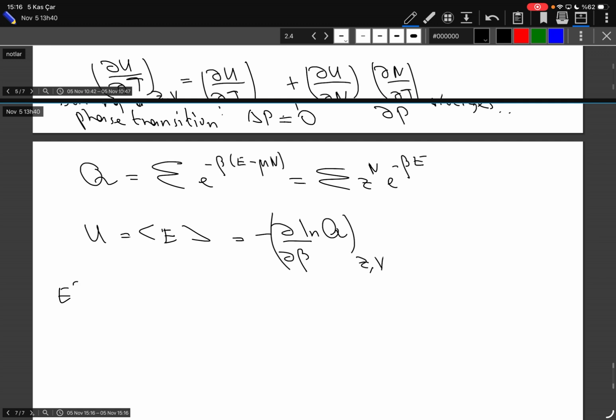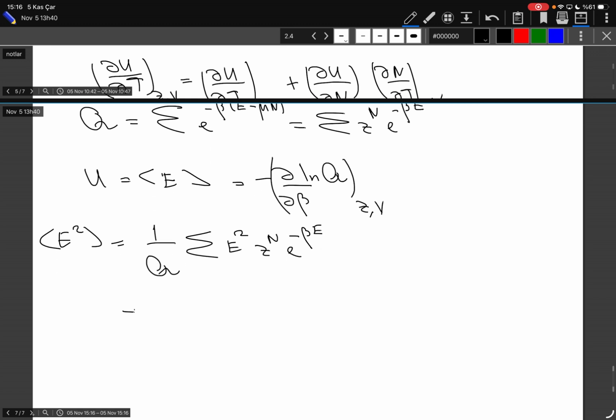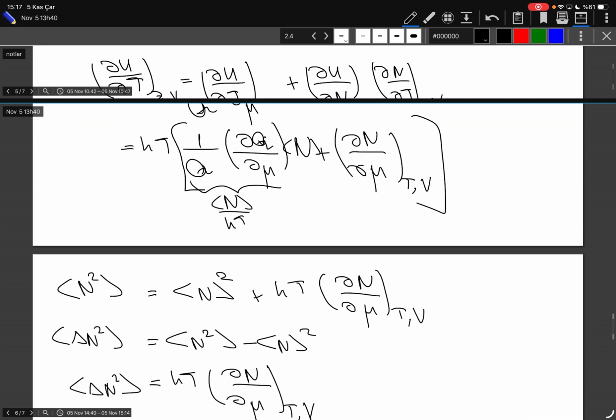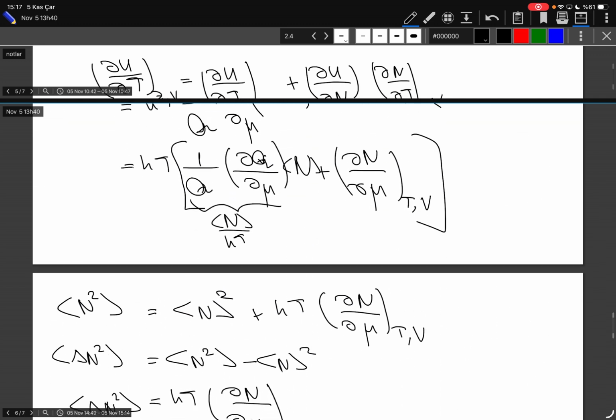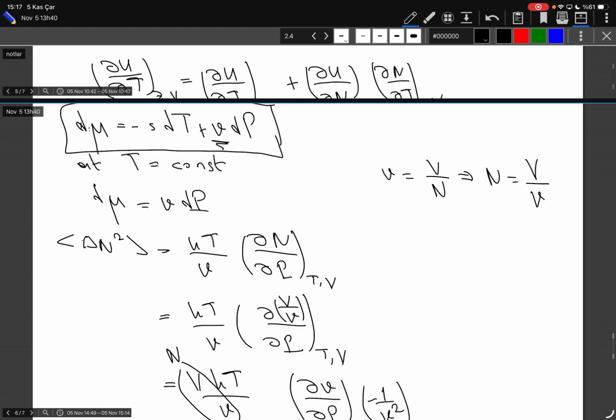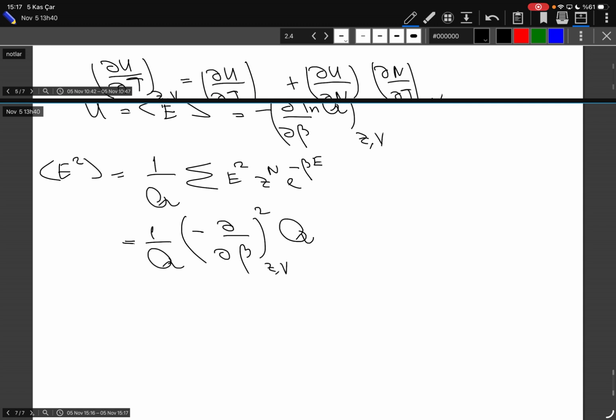E squared average will be 1 over Q, the sum of E squared Z to the N e to the power minus beta E, which is 1 over Q times the second derivative of Q with respect to beta at constant Z and V. The derivation will be basically identical to the one we did over here, so let me skip some steps.